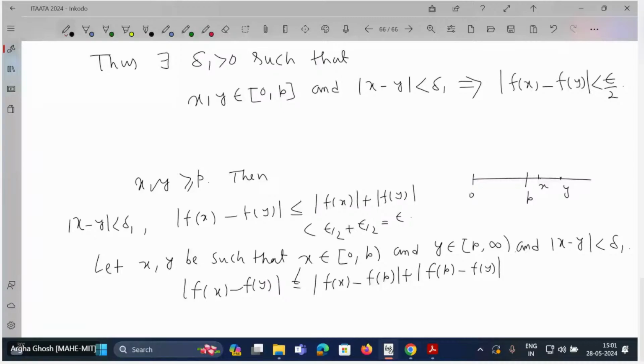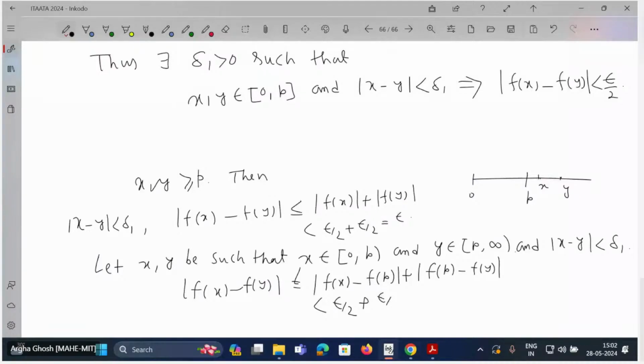Then it is coming, correct? Basically, we don't need that. So less than epsilon by 2, because |x - p| will be less than delta 1 and this will also be less than epsilon.